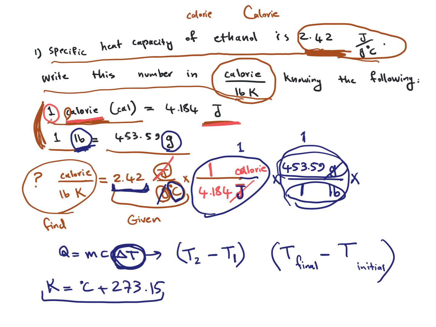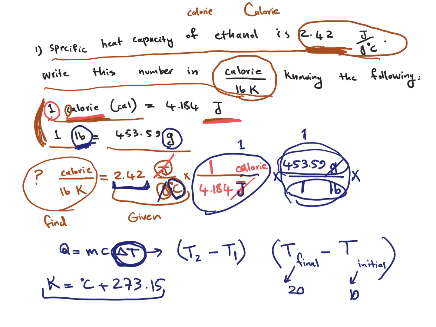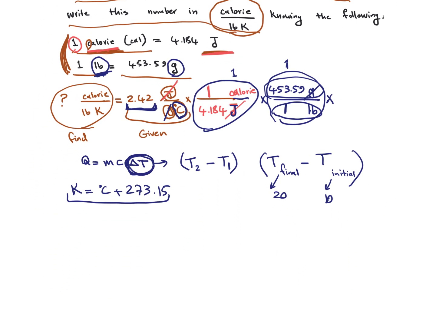So far in the problems I gave you the temperature difference. I said the temperature difference is 20 degrees Celsius. But I can also give you that my initial temperature is 10 degrees Celsius and my final temperature is 20 degrees Celsius, and then you should calculate the temperature difference. But pay attention: if I have T1 and T2 and I report them in Kelvin, I say K2 minus K1 to emphasize that these are in Kelvin, and I want to calculate the equivalent in Celsius.